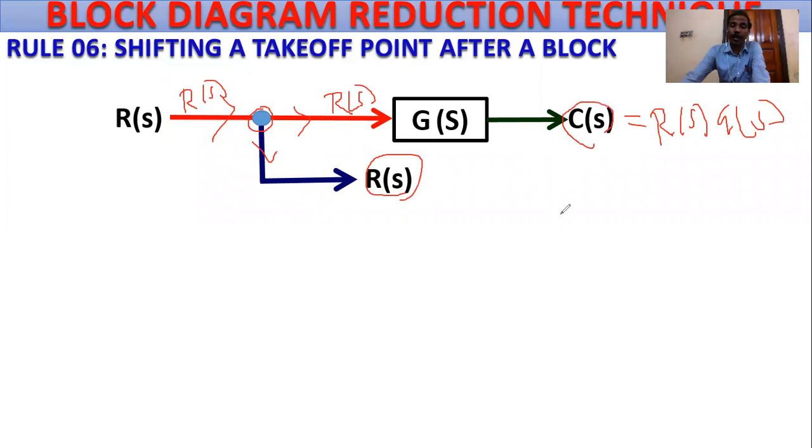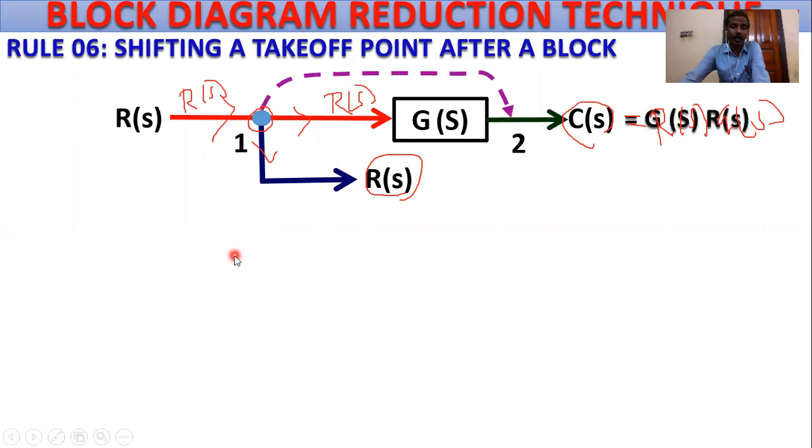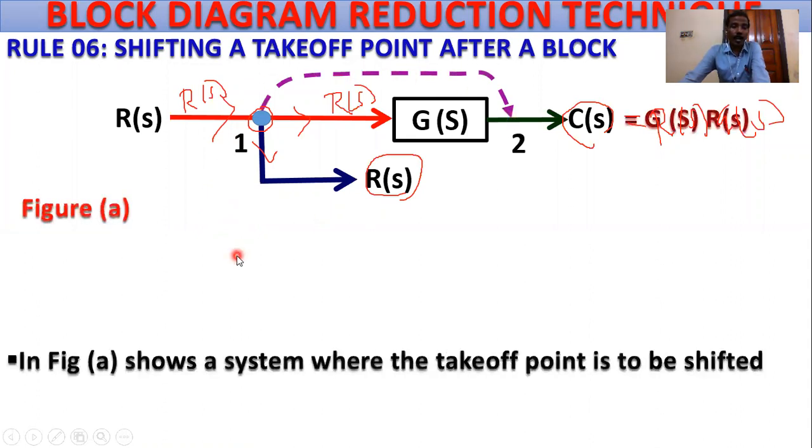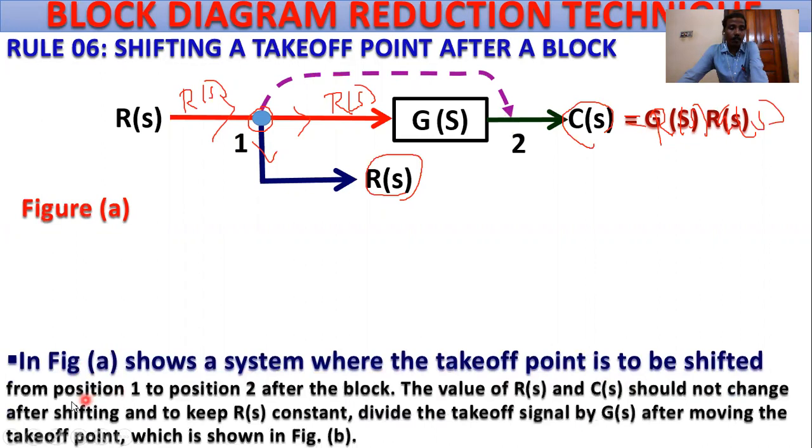So what is our target? Our target is this takeoff point, moving from position 1 to position 2. So this is figure A. Figure A shows a system where the takeoff point is to be shifted from position 1 to position 2, after the block.